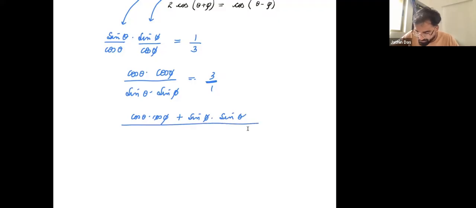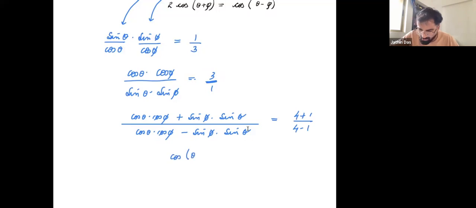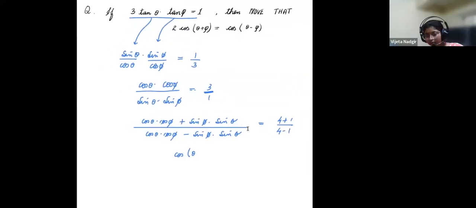Okay, no problem. And the negative sign will come. Is equal to 3 plus 1 by 3 minus 1.